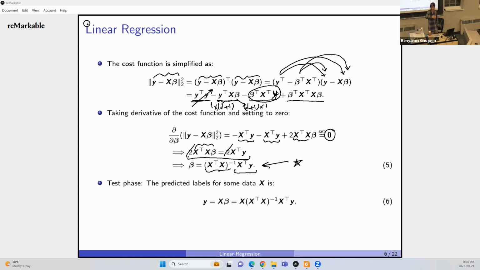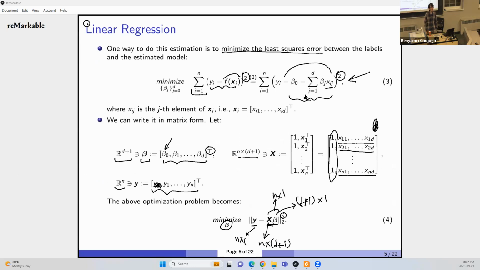We found beta in training. Now the test phase. Some X comes, right? And by the way, we might have several test data points. Do you agree that I can stack them together to make a test data set?